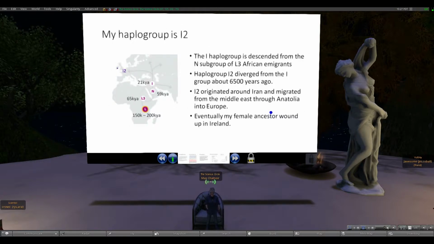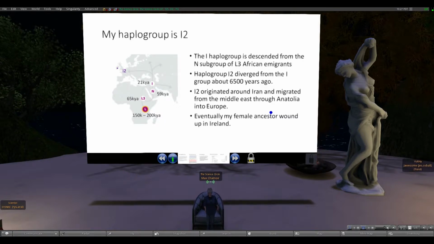Now, the first mitochondrial comparisons, the one by the Cann, Stoneking, and Wilson report, did not sequence the entire mitochondrial genome.